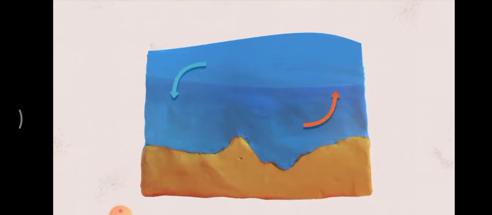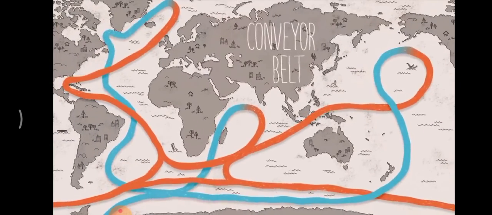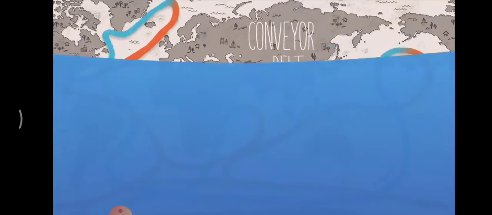Thermohaline circulation of deep water and wind-driven surface currents combine to form a winding loop called the global conveyor belt. As water moves from the depths of the ocean to the surface, it carries nutrients that nourish the microorganisms which form the base of many ocean food chains.